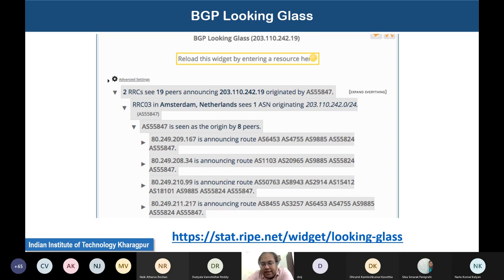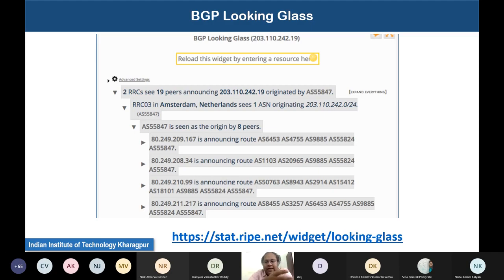Try to explore these tools, and I guess that would be the best learning you can have, rather than just reading a lot of material. Computer network is a systems subject, and you can learn it best by exploring it yourself, getting your hands dirty with these tools and trying to see what is actually happening and how your network is working.